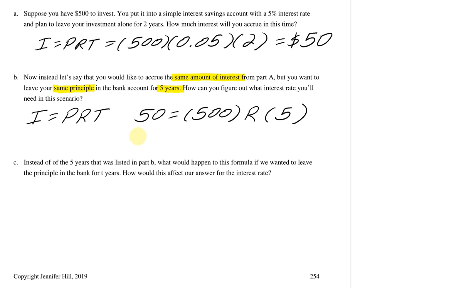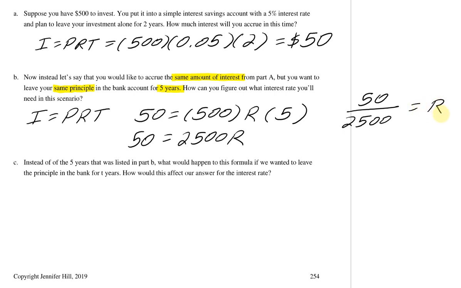So if I want to solve this, first I can just do 500 times 5, so this is 2500 R, and now if I divide both sides by 2500, this will be your interest rate. Sorry, I'm going off the page here. This is going to be my R. So my R in this case is going to be equal to 0.02. So I need an interest rate of 2%.